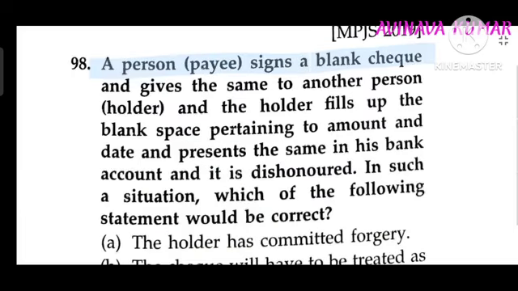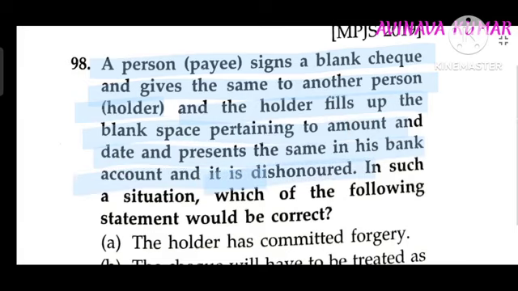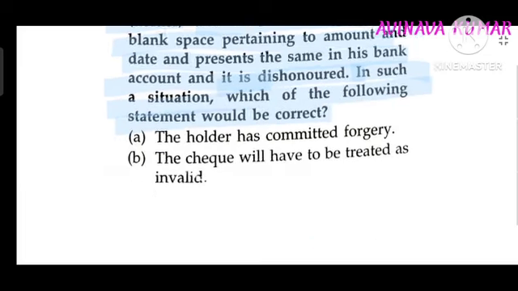A person signs a blank check and gives it to another person, the holder, and the holder fills in the blank spaces pertaining to the amount and date and presents it in his bank account, and it is dishonored. In such a situation, which one of the following statements is correct?